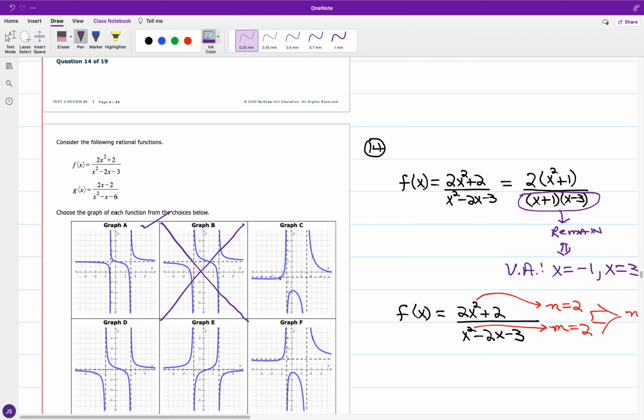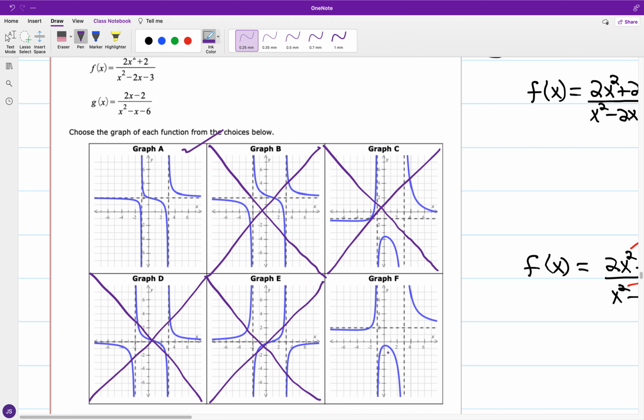Okay, so because of the horizontal asymptote shortcoming, C is disqualified. And for graph D, okay, we got the x is equal to 3, but we don't have the x is equal to -1. We got -2 instead. And for graph E, we don't have any perfect match throughout.